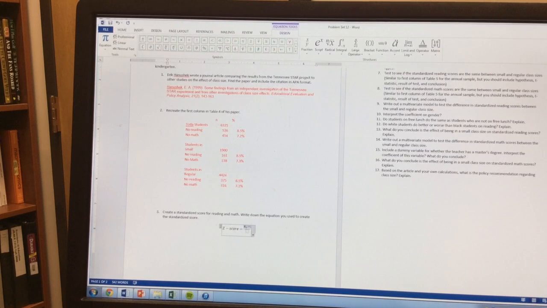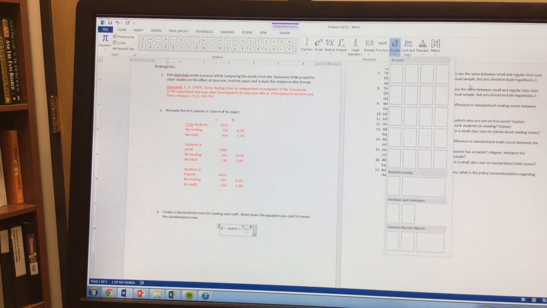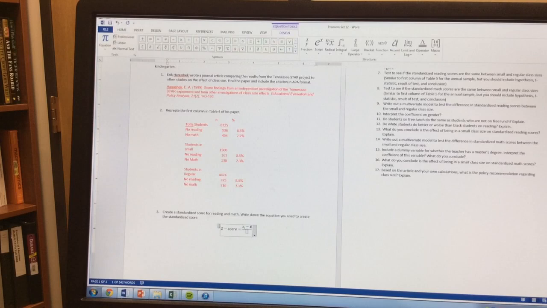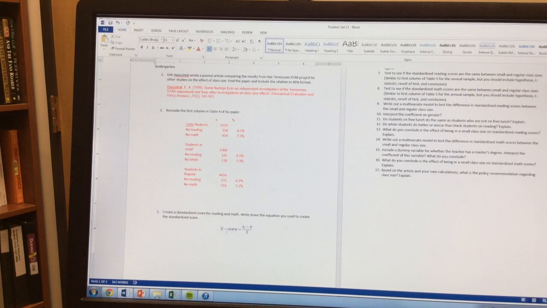Subtract off x bar. So we take the individual observation and subtract off the mean and then divide it by the sample standard deviation. So this is all we need to answer this question here, is create a standardized test score or standardized score for reading and math.